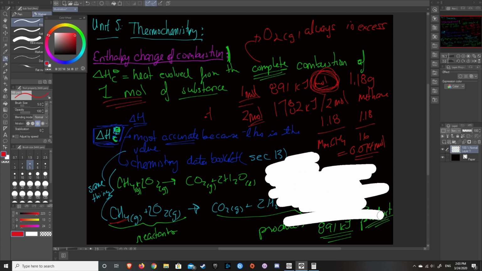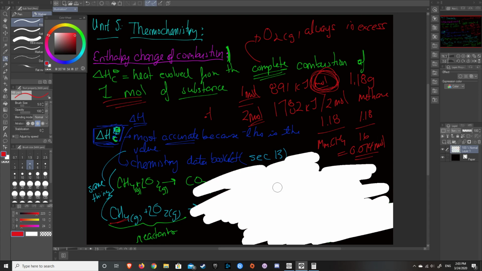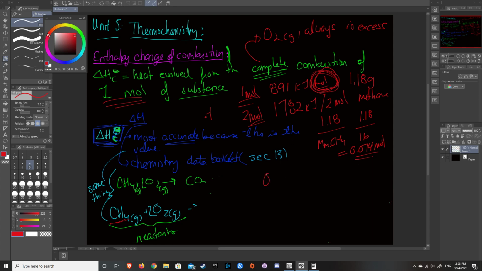So let me just erase this down here. We don't need that anymore. So you take 0.074 mole multiplied by 891 kilojoules per mole. And we see the units cancel out. Moles over mole, moles cancel out.